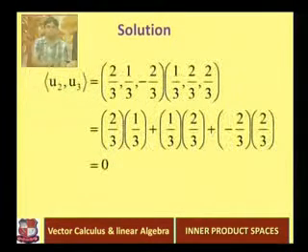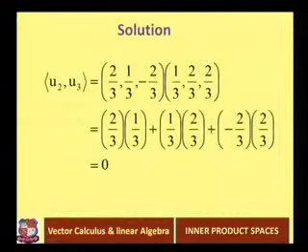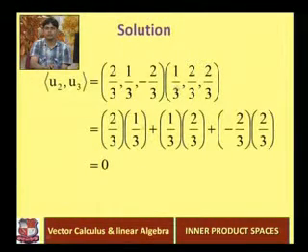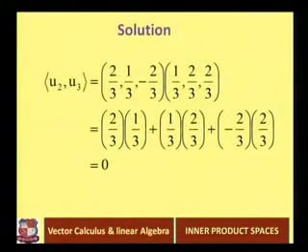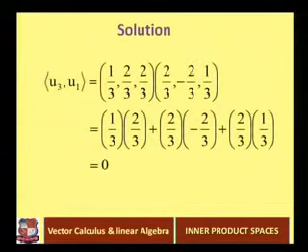Now check for the u2 and u3 vectors. For that, write the elements of u2 in a dot product with u3, and the product gives us 0, which means the inner product of u2 and u3 is 0, so u2 and u3 are orthogonal. Now check for u3 and u1.